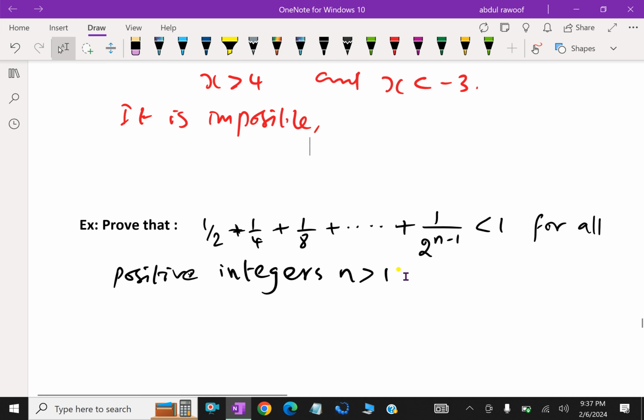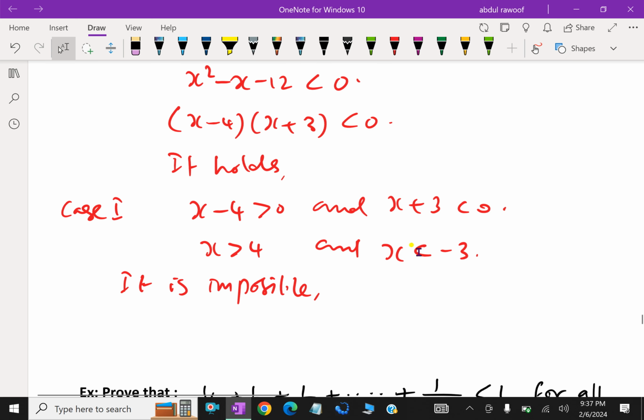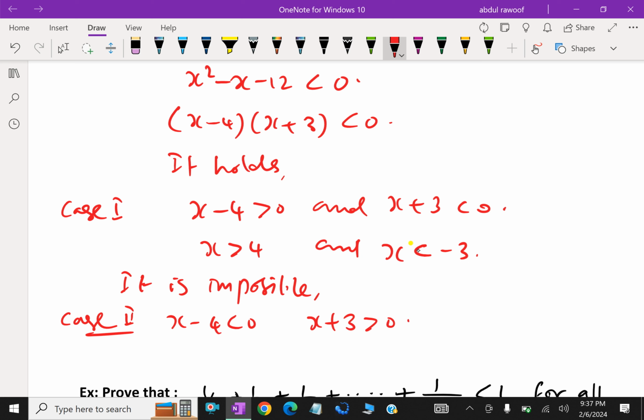Therefore, case 2 is x minus 4 lesser than 0 and x plus 3 greater than 0, which means x is lesser than 4 and x is greater than minus 3.